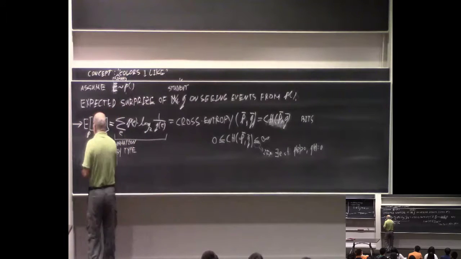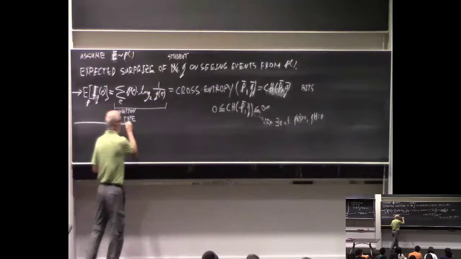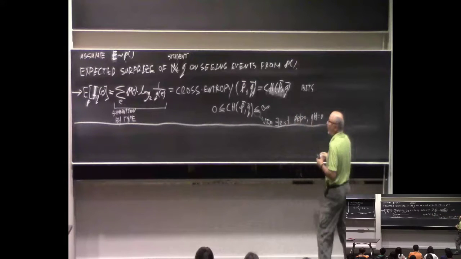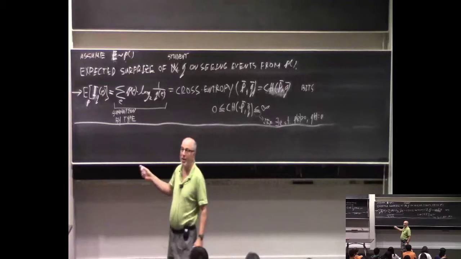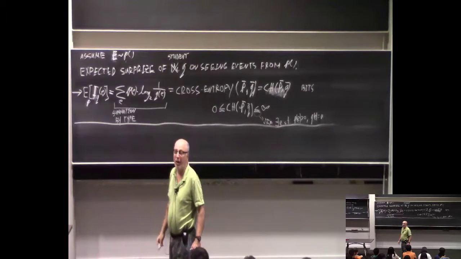All right, now let's think about a very lucky or a wise person, the person or the entity who sits here who knows P. And let's ask, what is the average surprise of the person who knows the truth, who knows P?